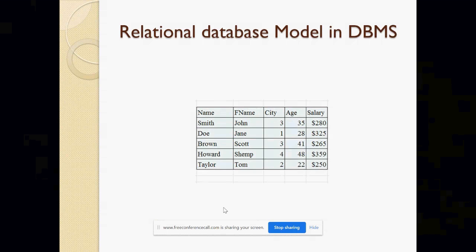So they have been arranged in columns, and each entry, for example, for John Smith, the city number is 3, and his age is 35, and his salary is $280. So we can compare this entry of John Smith with Jane Doe, the second entry, that he resides in city 1 and he has age 28 and he has this much salary, 325. So we can compare the pieces of information by arranging them in column form.